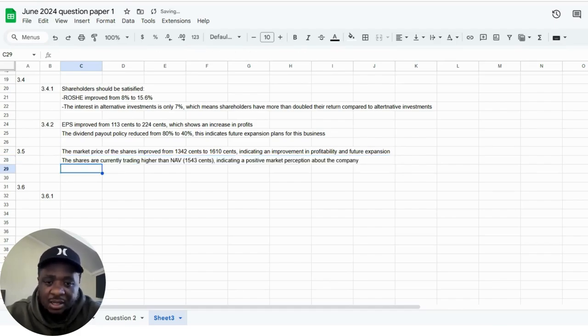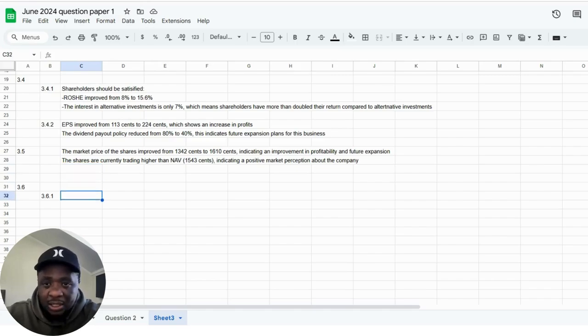Because obviously, if investors are willing to buy the shares of this company at a higher price than the NAV, it means that the perception of the public is that this company is a going concern, and it's going to generate even more returns into the future.